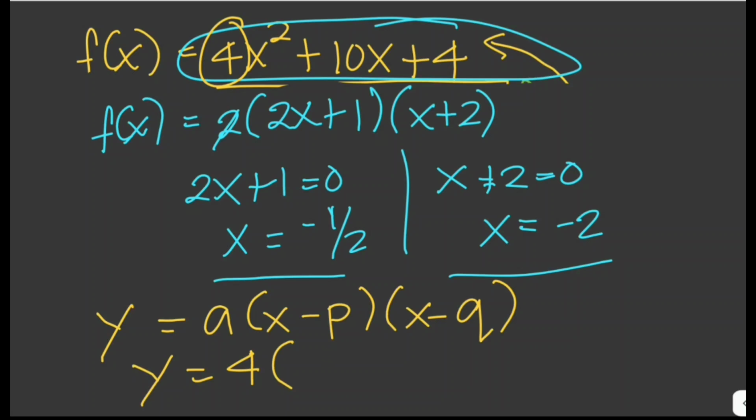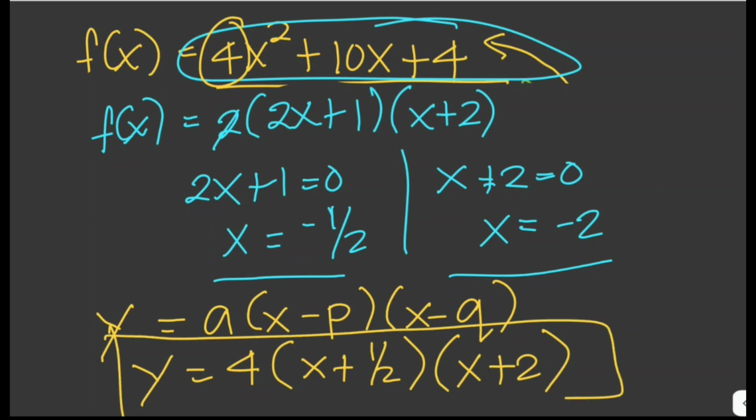P and q are interchangeable, so you can either use negative 1/2 or negative 2 first. So we use negative 1/2. X minus negative 1/2 is x plus 1/2, times x plus 2. So this is the equation in its intercept form.